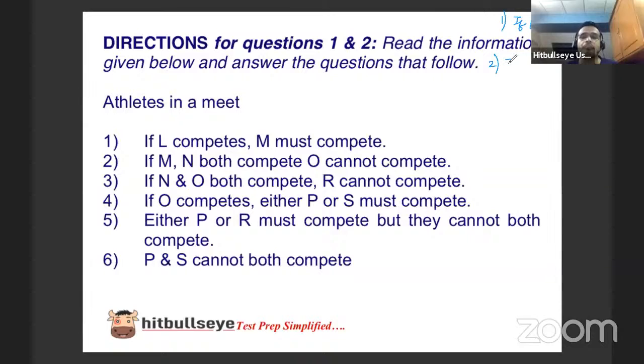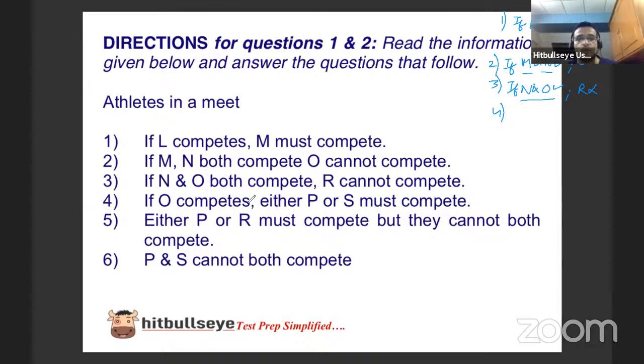So if M and N both compete, O cannot compete. Next, if N and O both compete, R cannot compete. If N and O both compete, R cannot compete.